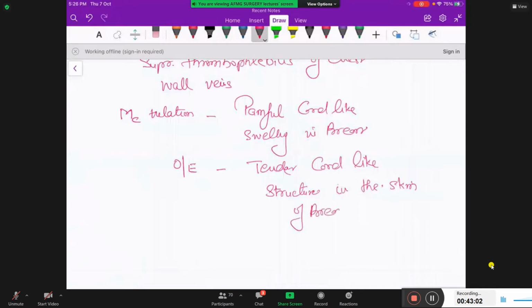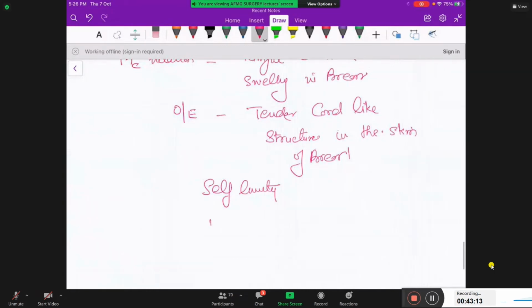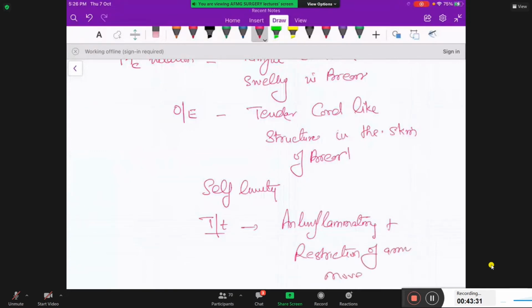Now, please understand, this condition is self-limiting. It will resolve on its own. What you have to do in these patients, which they will ask you, the treatment of this condition, is anti-inflammatory drugs, a symptomatic treatment, with restriction of arm movement.